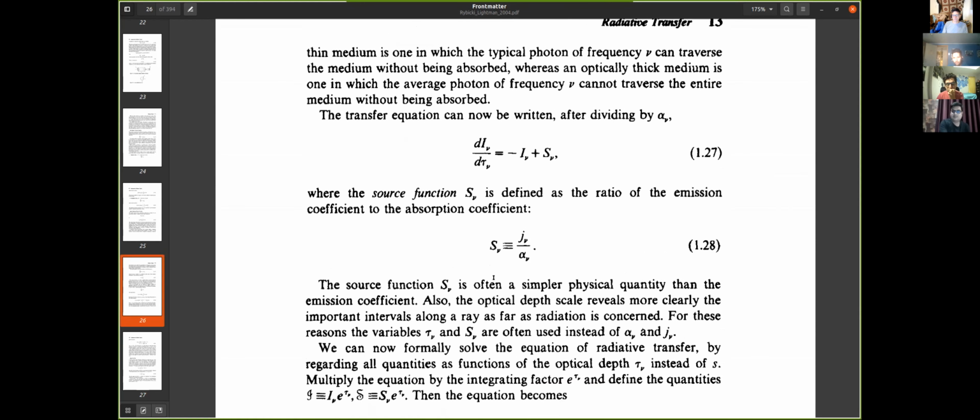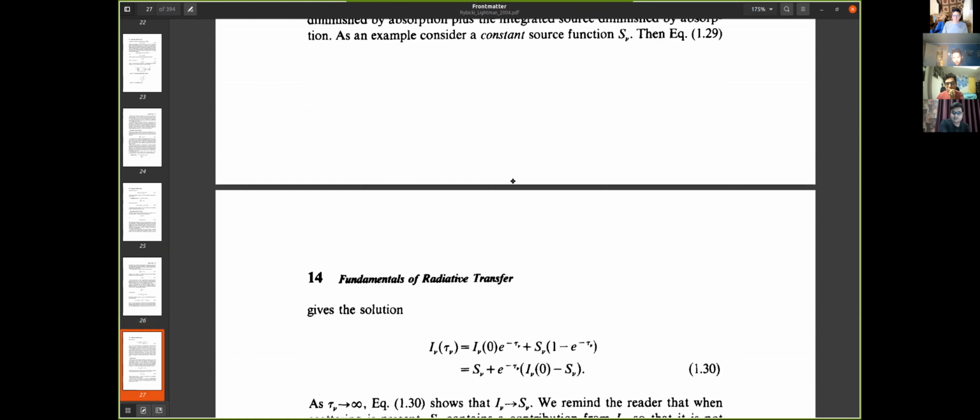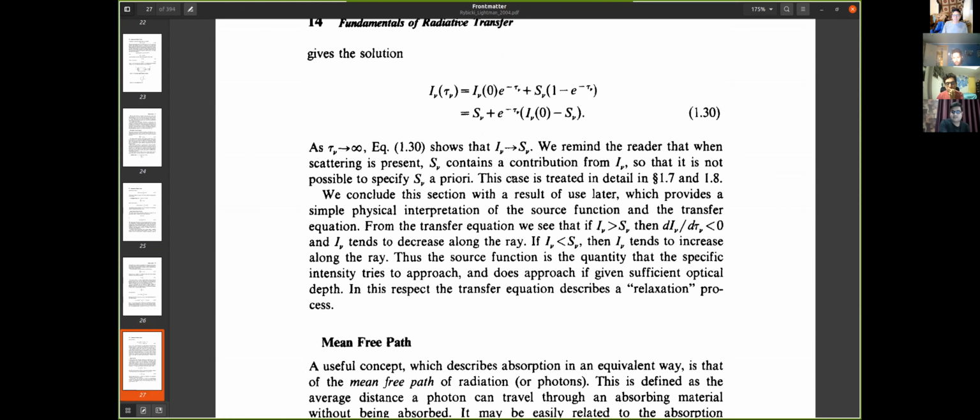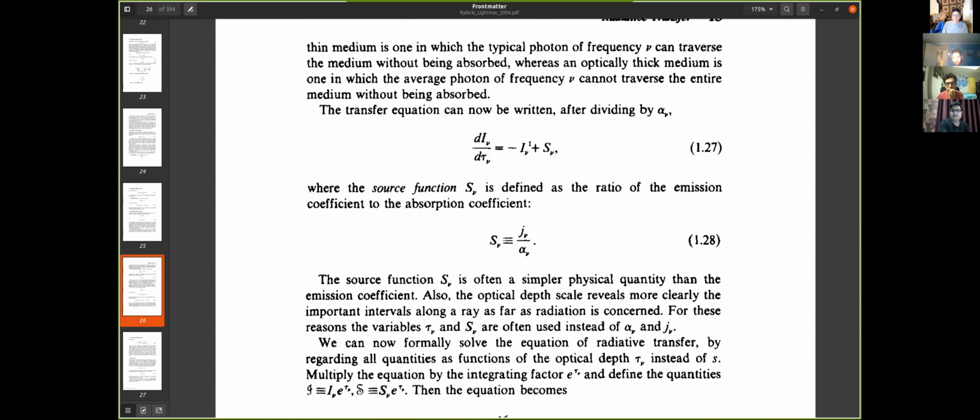So if you see this equation, suppose I nu is greater than S nu, so this whole term will become negative. So this d I nu by d tau nu will be less than 0, and I nu will try to approach the source function.